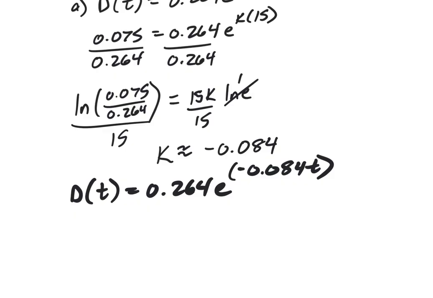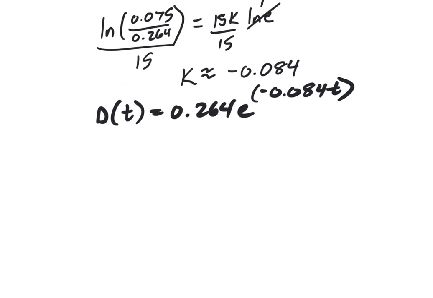Part B at the top of the next column says estimate the sugar density 5 days and 18 days later. Okay, so I'm going to show you a really quick and easy way you could do this problem. I want to find out what's the value 5 days later or 18 days later.